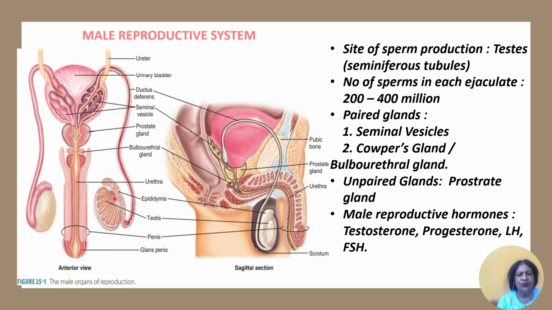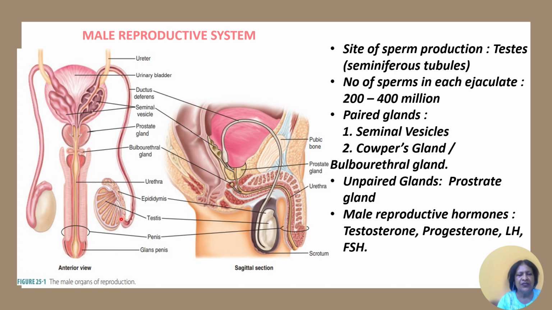This is also leading out from this testis in the form of a highly coiled structure, which is then called the epididymis. In this part of the epididymis, the sperms get matured.